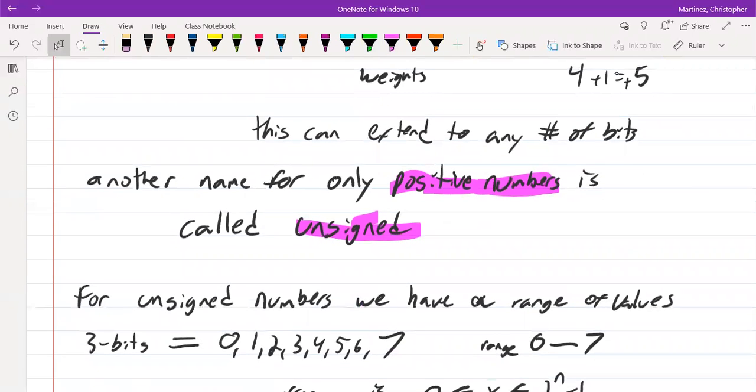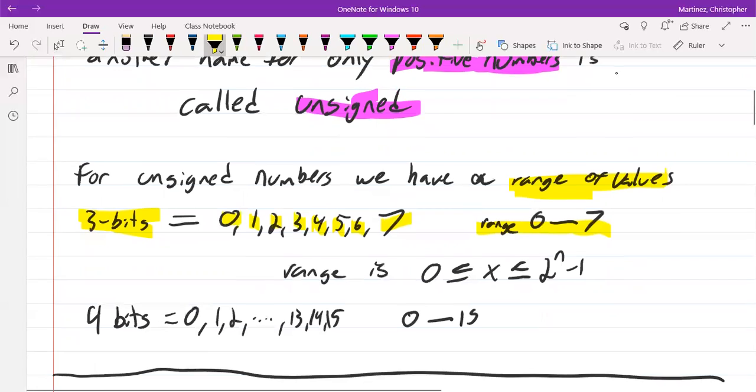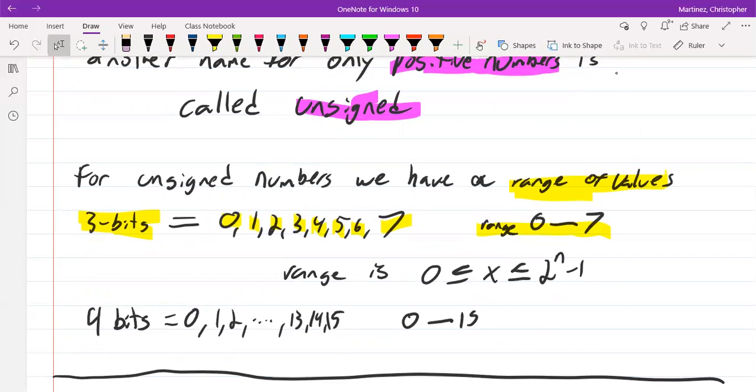Now, for all of these positive numbers, an important thing to remember is that we have a range of values that we're able to support. So for a 3-bit number, the range we're able to support is 0, 1, 2, 3, 4, 5, 6, and 7. So our range was 0 to 7. And we can formulate a formula to figure out what our range of numbers will be.